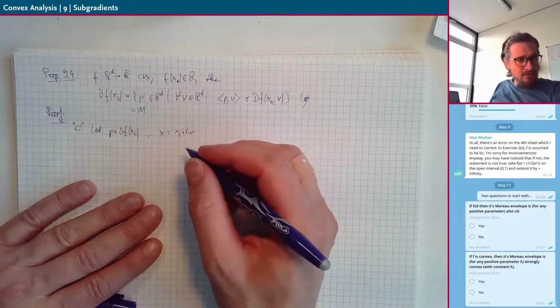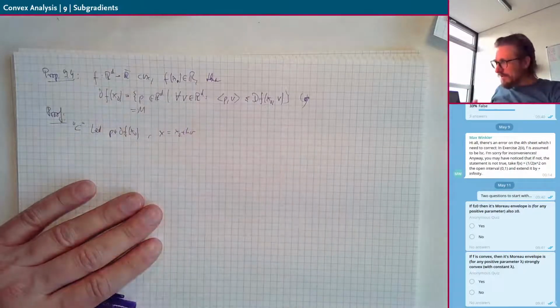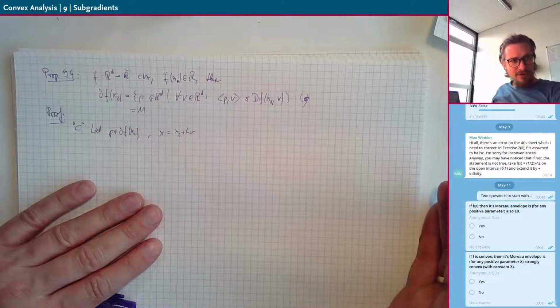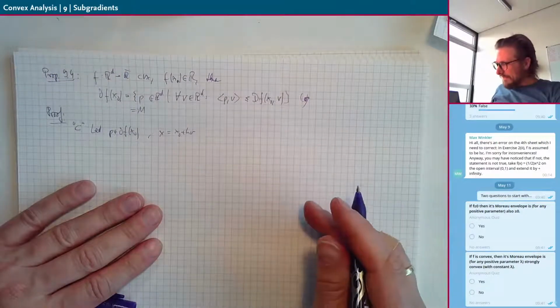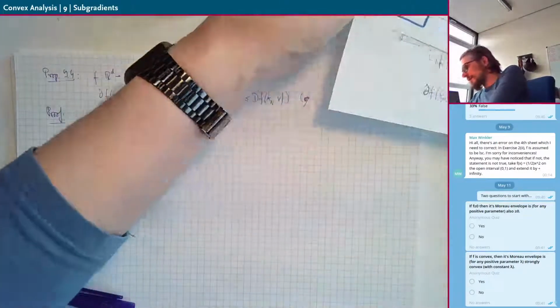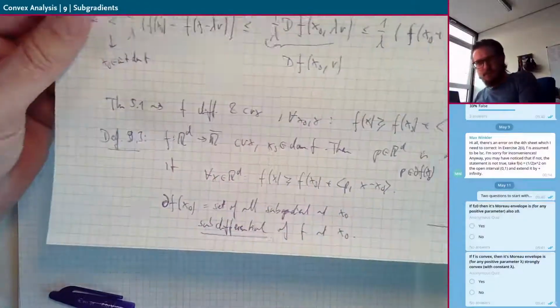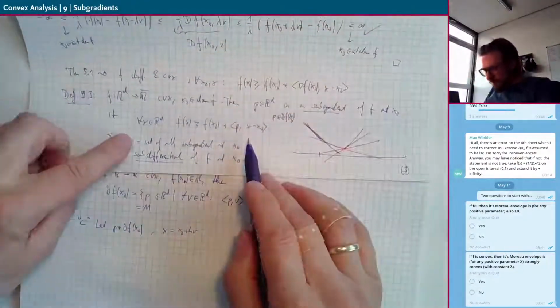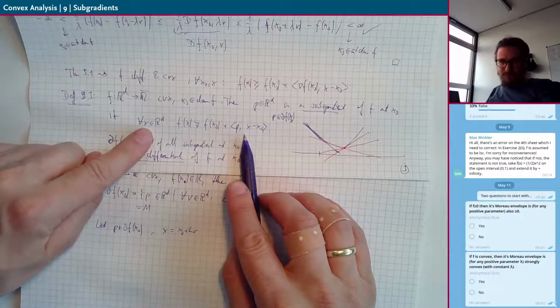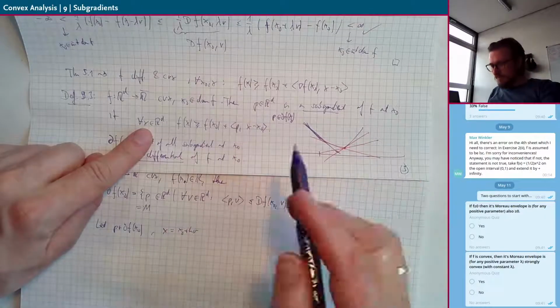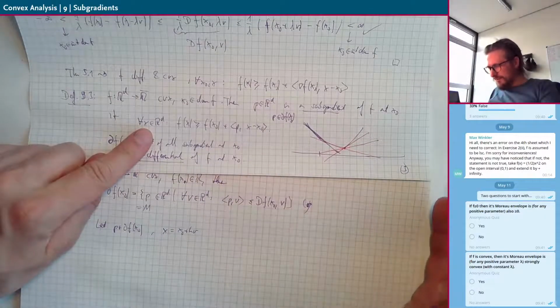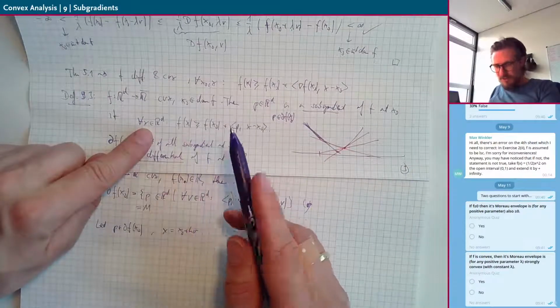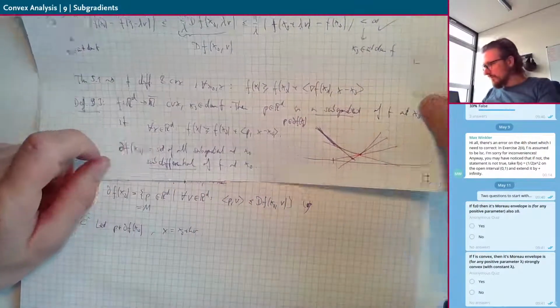By the definition of the subgradient, and actually I forgot to say, this inequality is also called the subgradient inequality, which makes a lot of sense because it's the one defining the subgradient. So I will refer to this inequality as the subgradient inequality.